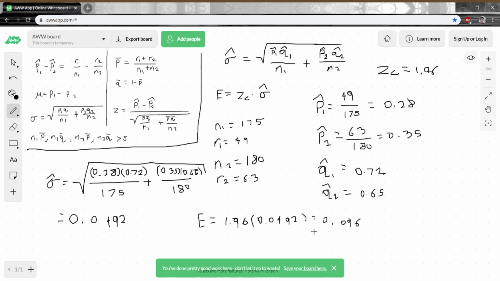Now that we have a margin of error, we are going to add them to the difference of the point estimates of our chance of success.